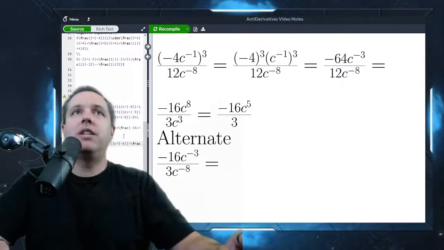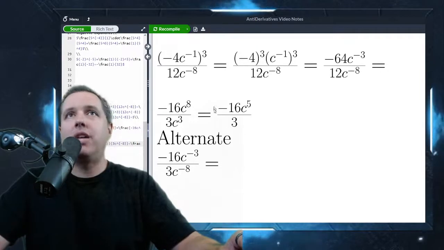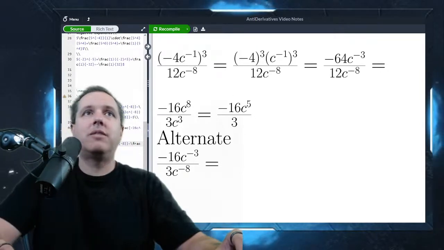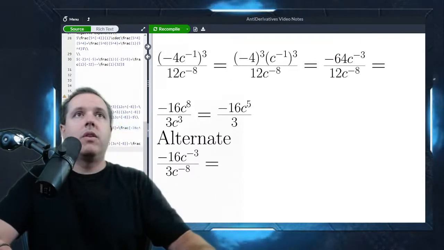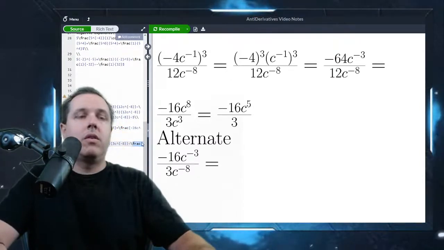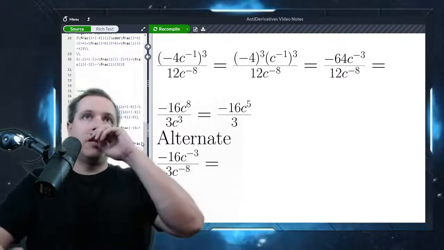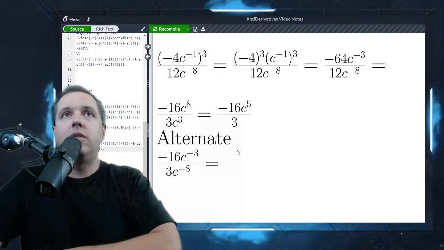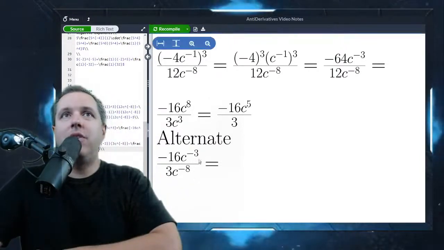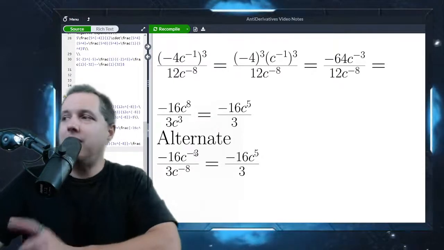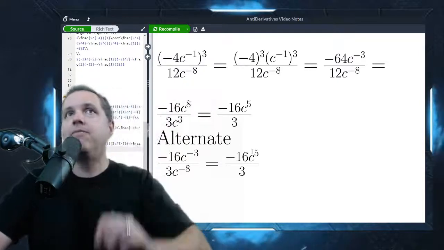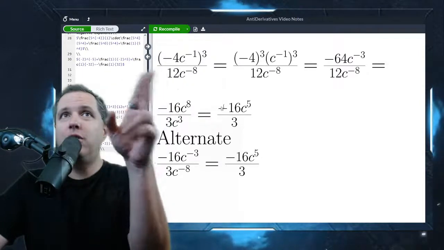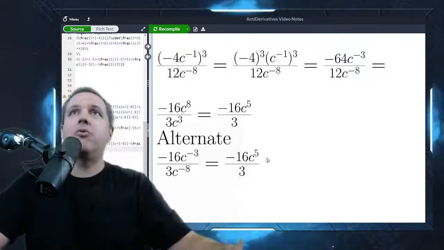So that would just lead us into the same answer as well. It would take us directly to this piece. Right, does that make sense? You'd get c to the 5th. If you do negative 3 minus negative 8, you get c to the 5th. So you can use the formula directly, or we kind of did it in 2 steps up here. Either way, it gets to the right answer.